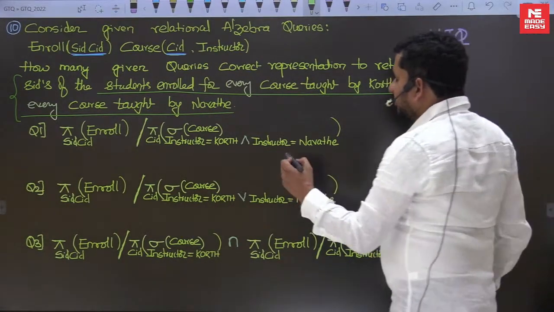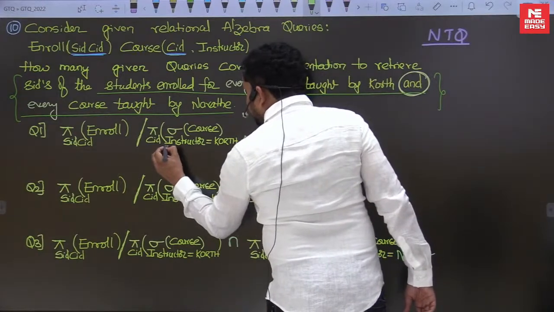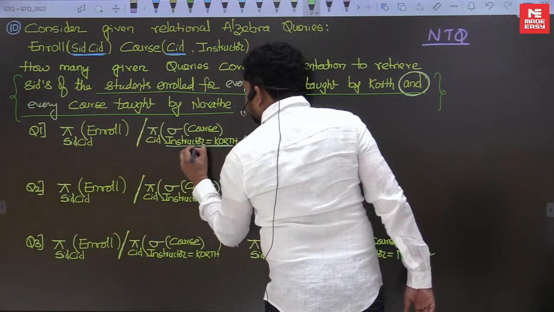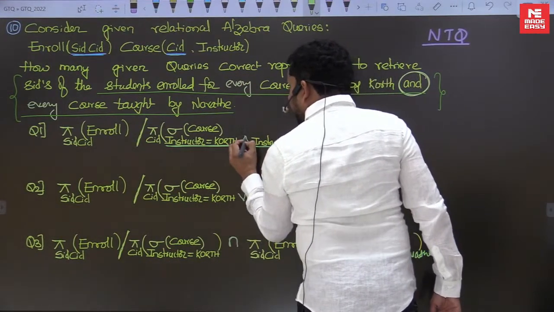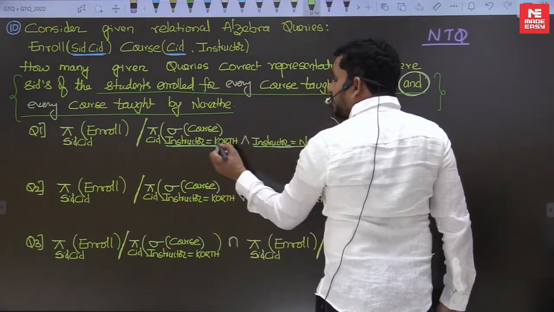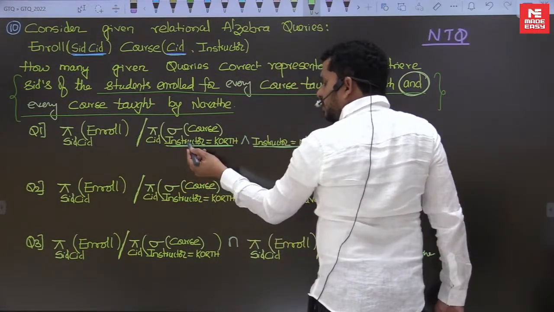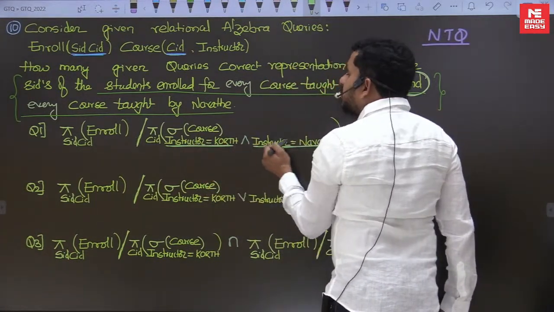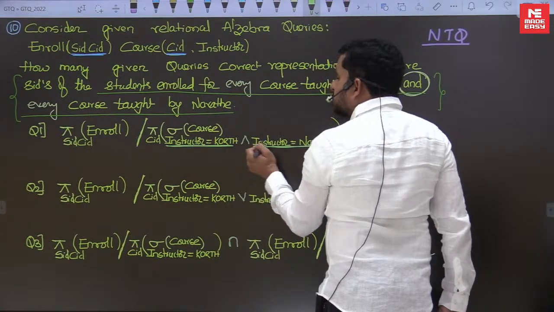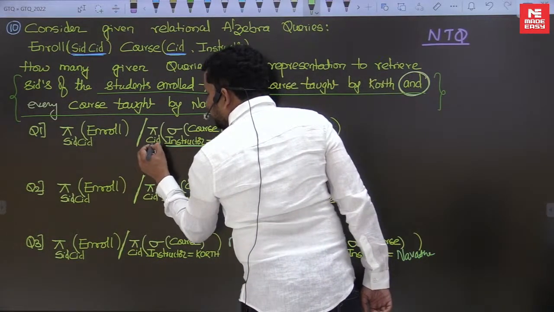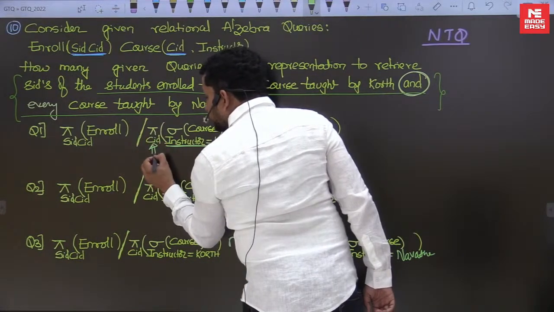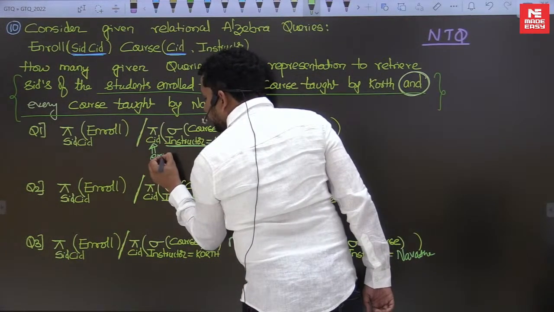See, instructor equal to Koth and instructor is Navate, an AND operation between two different values. No record of the course table will satisfy both these conditions. So the result of this denominator set is empty.